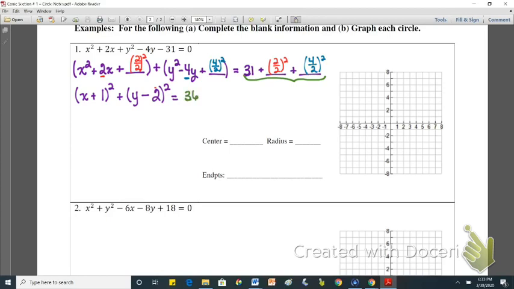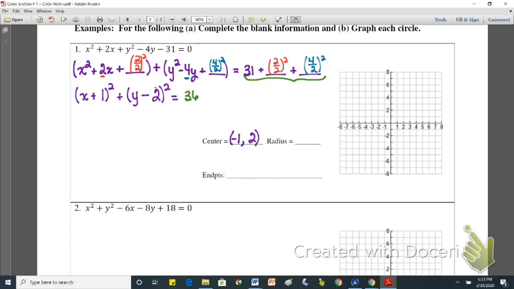Now we've taken something that was in conic form, made it into standard form, and now I can get all the information I need in order to graph it. My center, the x plus 1, comes out as a minus 1. Y minus 2, that means positive 2.